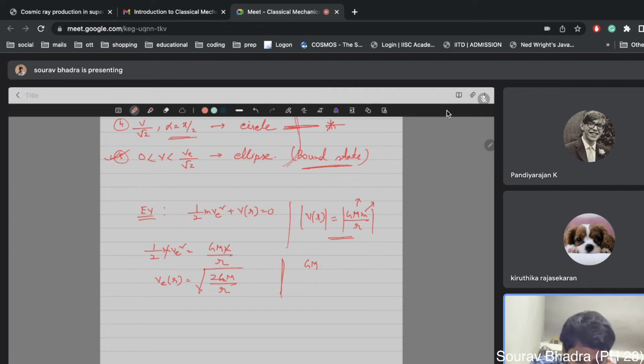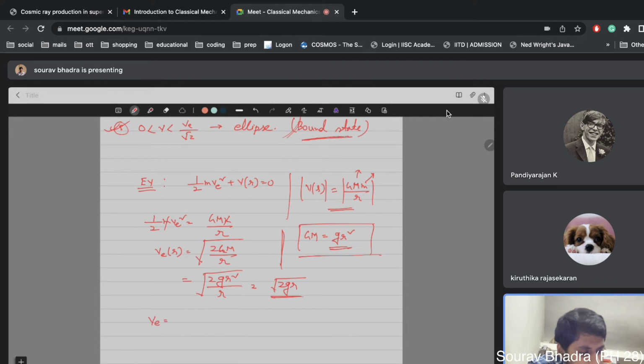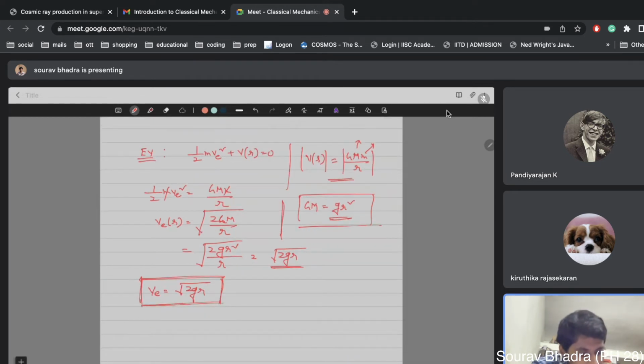You can write your GM as small g r square, where small g is the acceleration due to gravity. It has already been done. So g r square by r, and you will get 2gr, and this is also very familiar to you, I think, that v escape at earth surface is root over 2gr. We have done various problems with this particular expression.